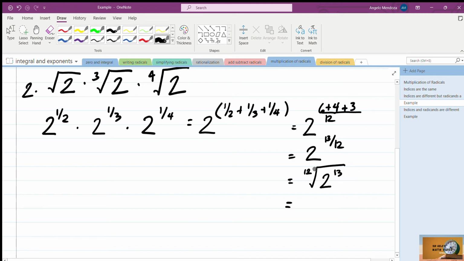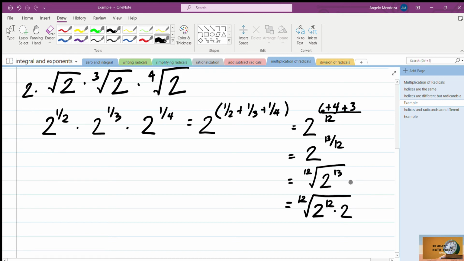Since we have an index of 12, instead of raising to 13 we can write it as the 12th root of 2 raised to the 12th power times 2.